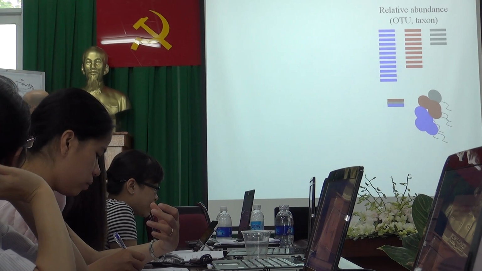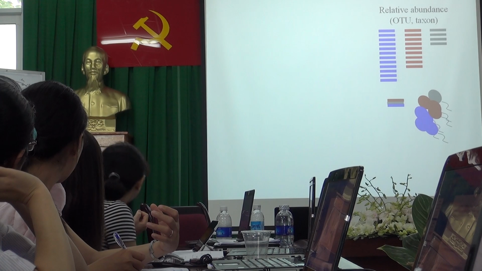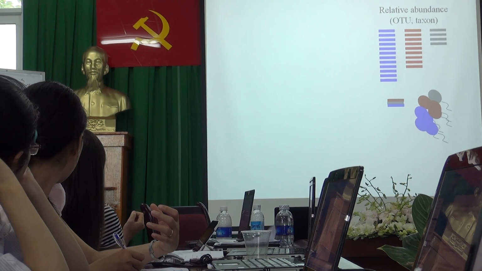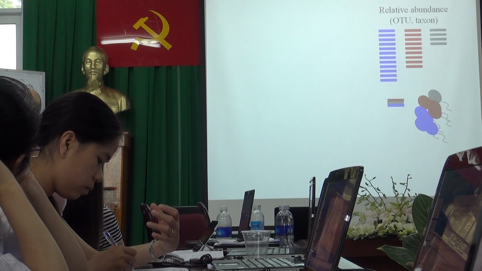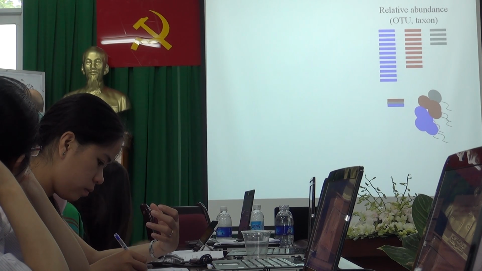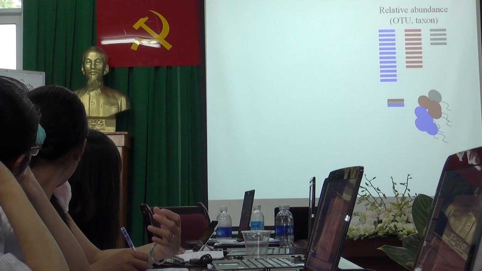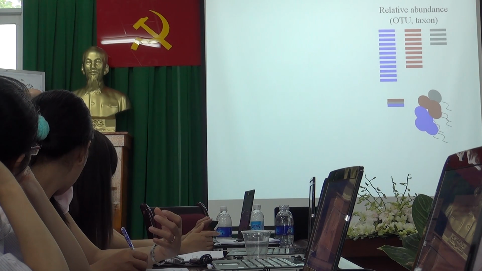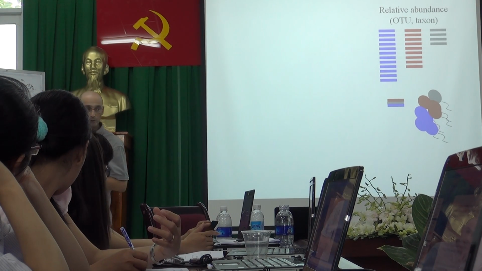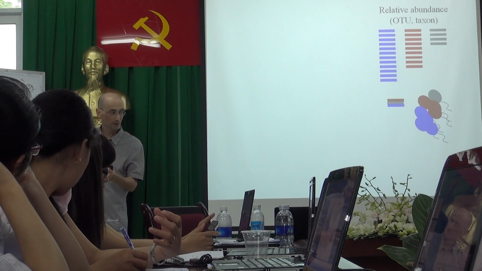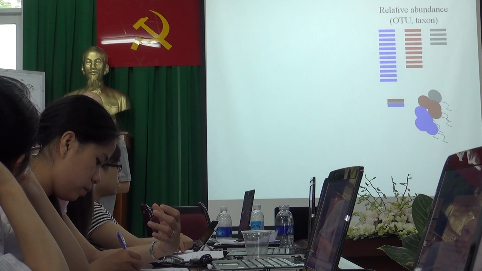So if you have 100 A, T, G, C, C, G, T, A, 100 of those, you may have 3 differences. What is up to 3 differences would be in the same group. What is more than 3 differences would be another group.